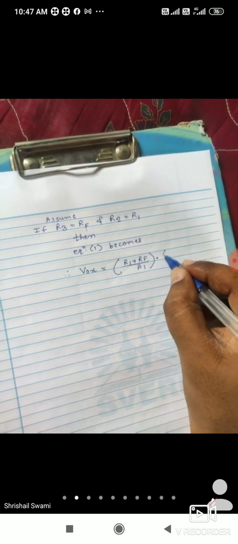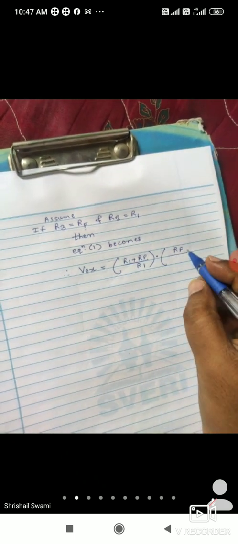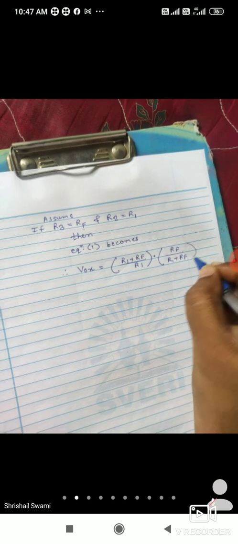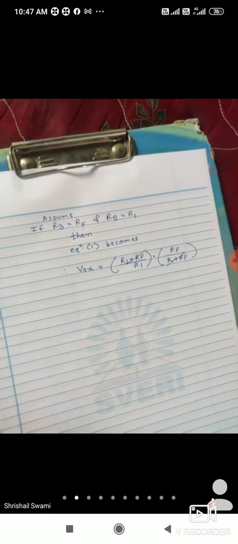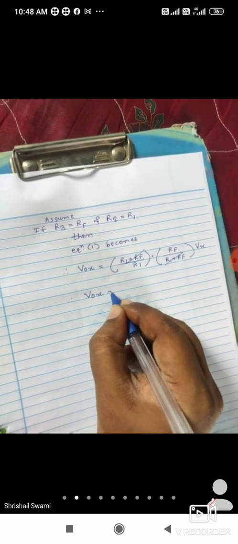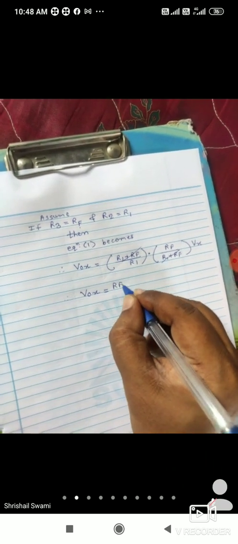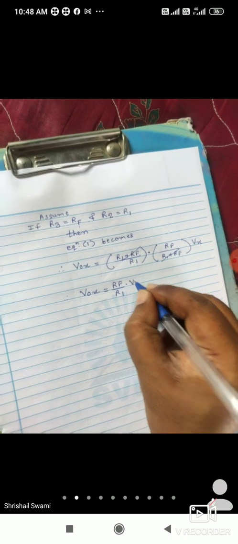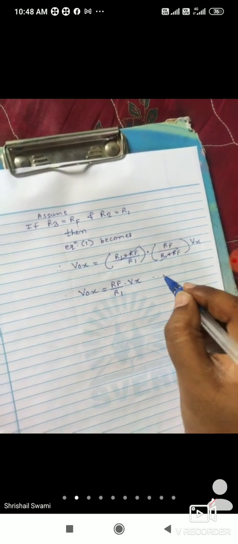In the right hand side, R3 is replaced by Rf and R2 is replaced by R1. So R1 plus Rf is here. This will get cancelled and Vx is as it is here. So Vox is equal to Rf divided by R1 into Vx. So this is equation number 2.